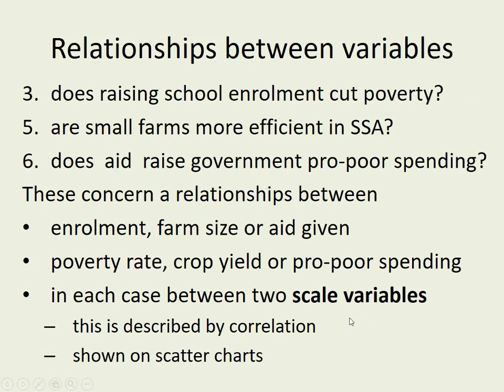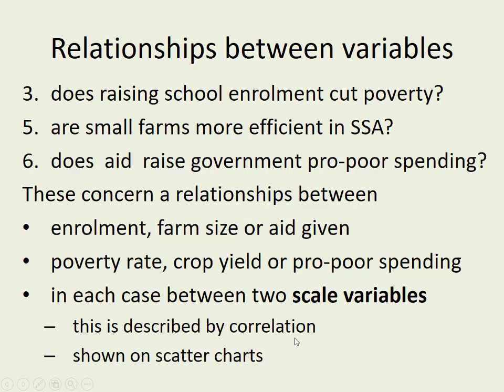And finally, in these three examples, both of the variables are scale variables: school enrollment, poverty, size of farms, efficiency, amount of aid you get, the amount of pro-poor spending the government provides. These concern a relationship between scale variables, in other words, numeric variables.